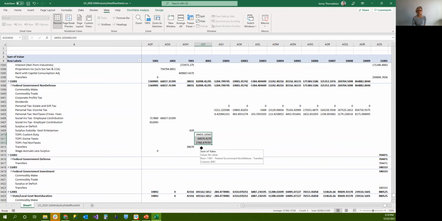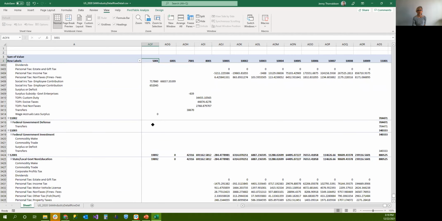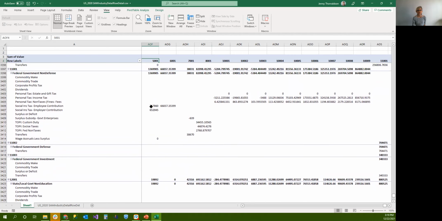And then over here, 5001 I didn't describe for you, but that's employee compensation, and 6001 is proprietor income. So if we look at those and what they're paying to federal government, we can see that they're paying social insurance taxes just as we would expect.